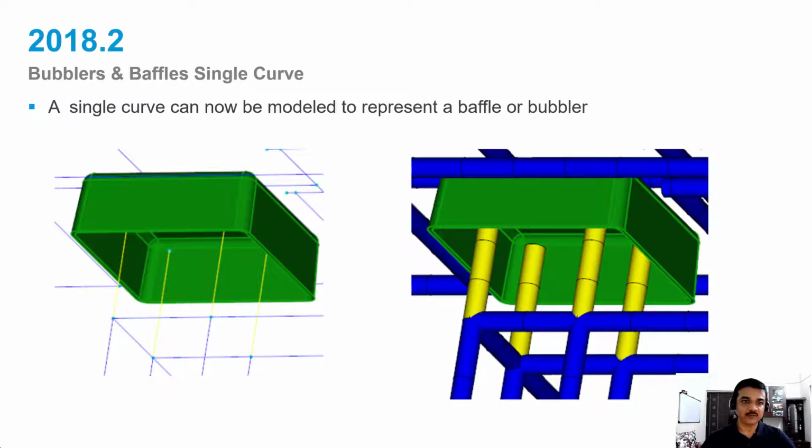But with 2018, I think we have eased the way we represent the baffle and bubbler to the solver, and it significantly reduces time. So give it a try instead of following the same legacy way of preparing the model. I think this can save you significant time.